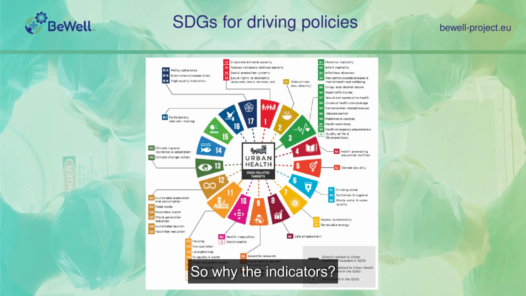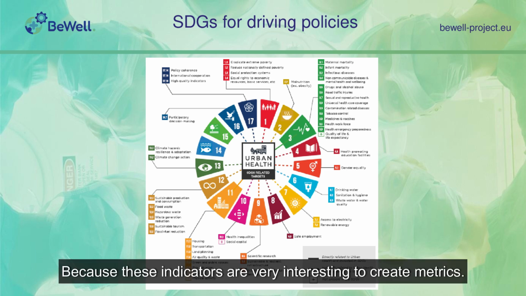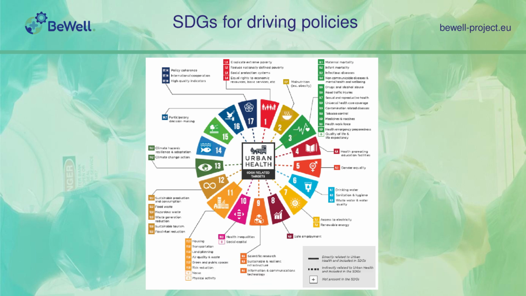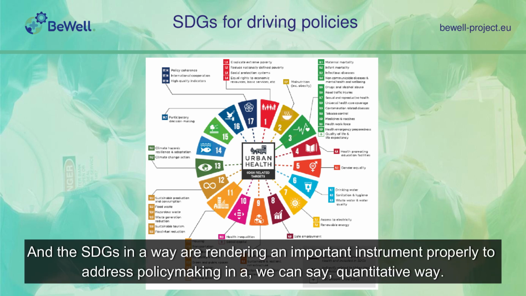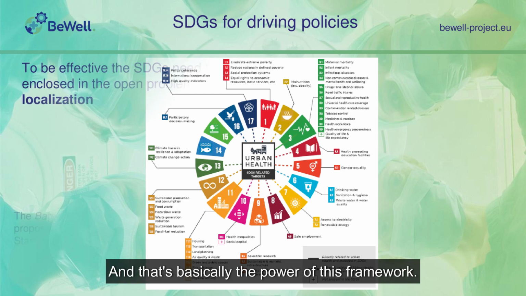Why the indicators? Because they are very useful to create metrics, and thanks to these metrics you can compare different situations, policies, and strategies. In a way, the SDGs are an important instrument to address policymaking in a quantitative way. That's basically the power of this framework.